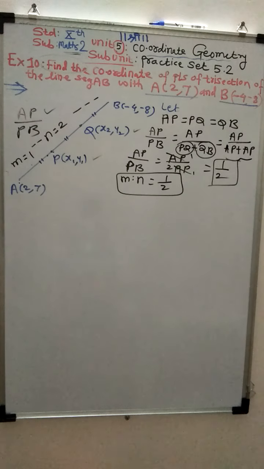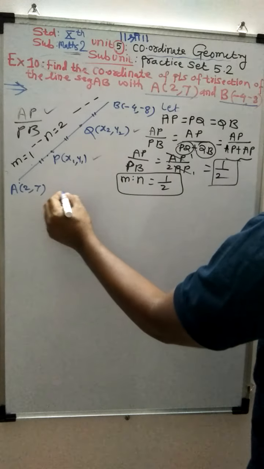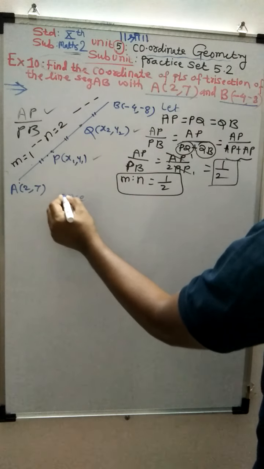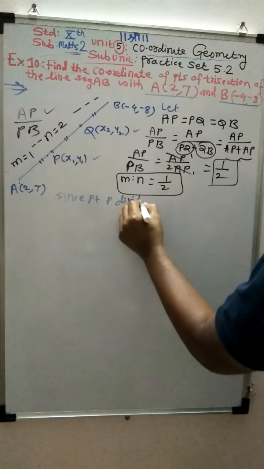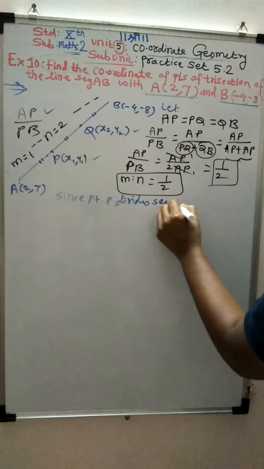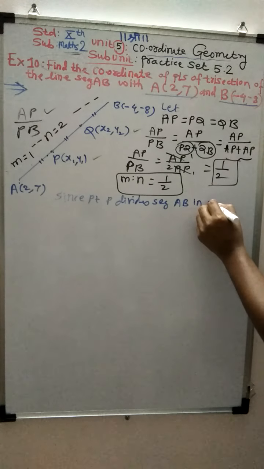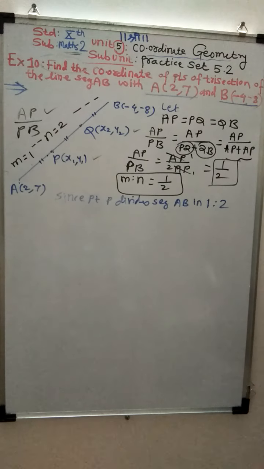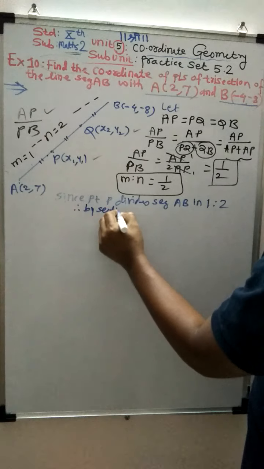Now we write down: since point P divides segment AB in the ratio 1:2, therefore by the section formula, we use the section formula.